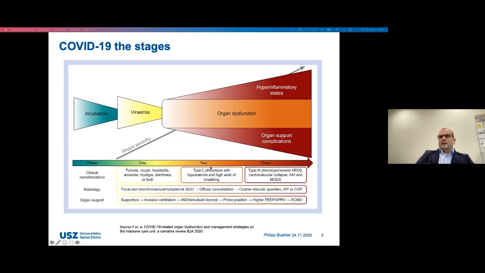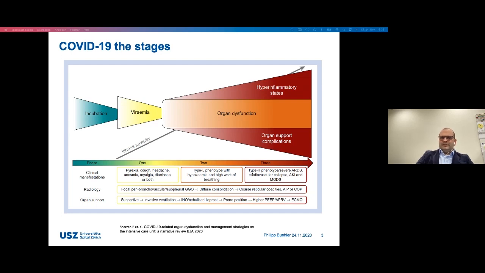In phases 2 and 3, you know from the paper from Gattinoni, there is the type L phenotype and the H phenotype. With pulmonary manifestations, the underlying endotheliitis and the inflammatory and coagulatory dysregulation lead to a severe course that requires admission to the intensive care unit.